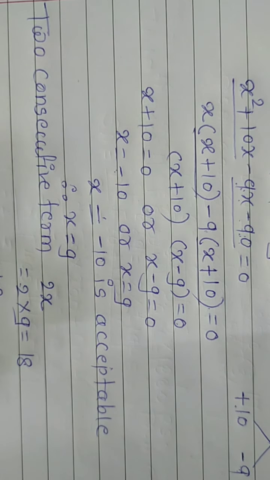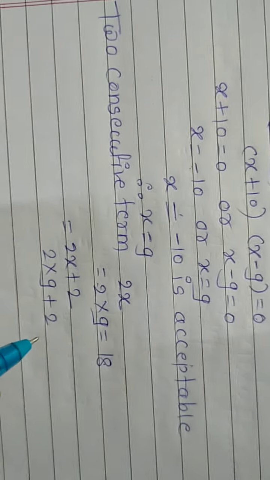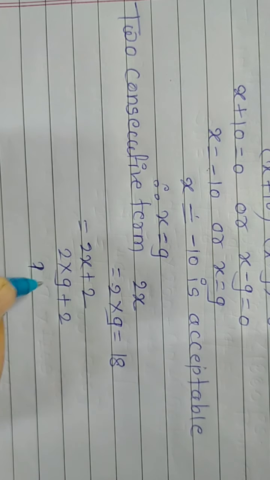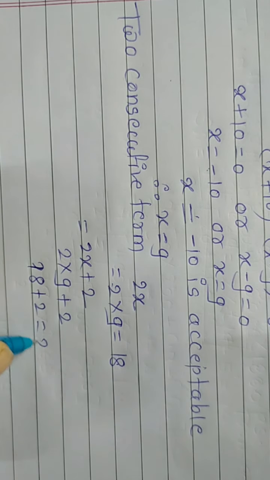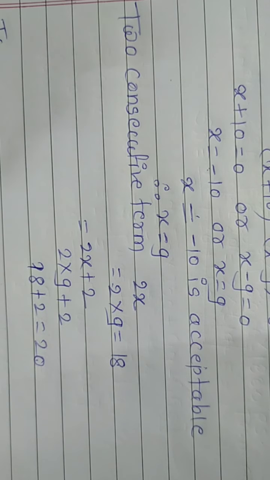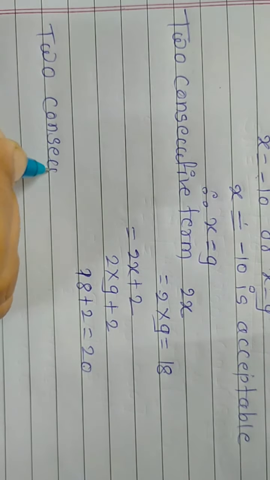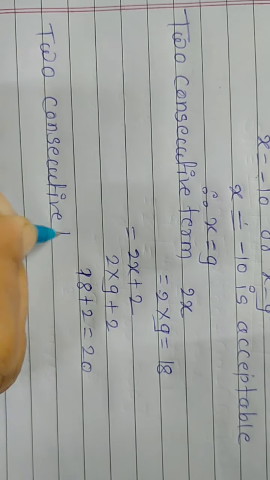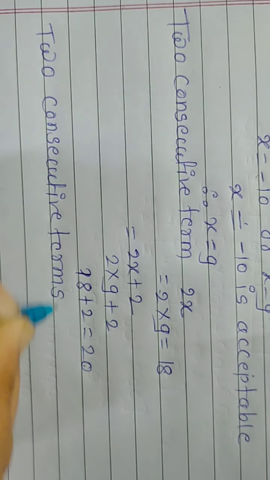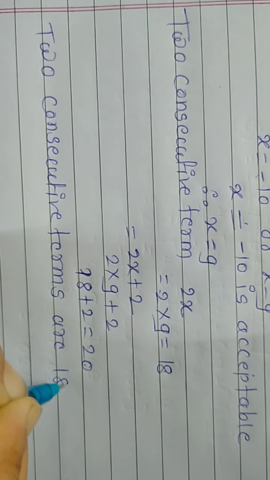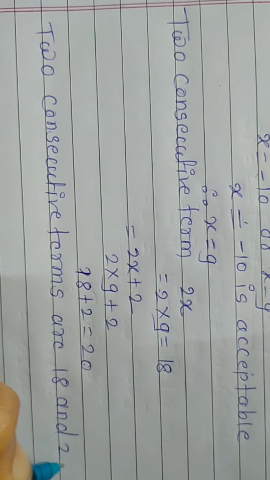Then 2 into 9 plus 2, 18 plus 2 means 20. So the two consecutive terms are 18 and 20.